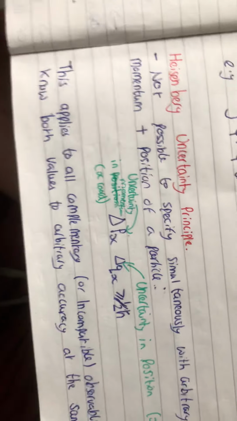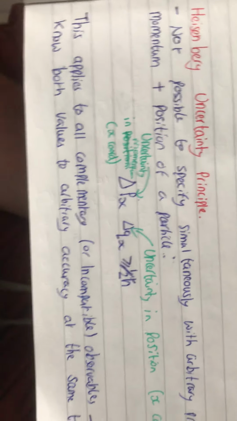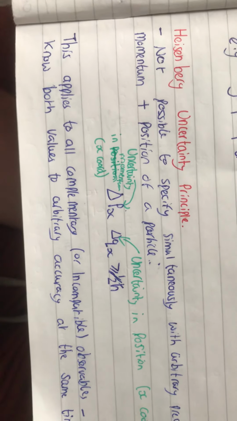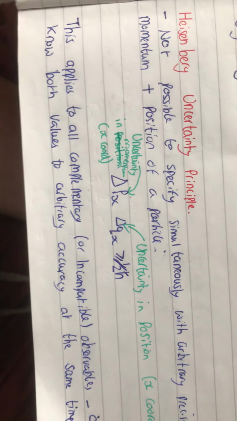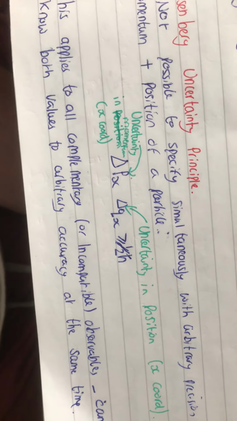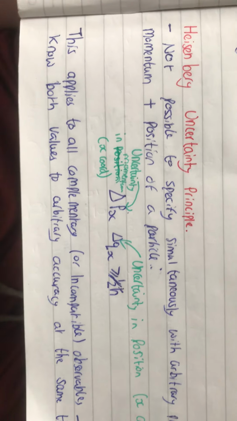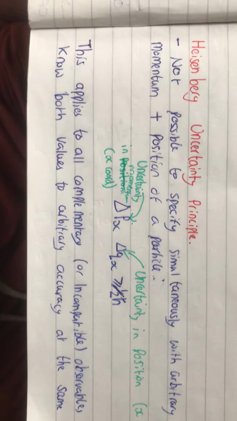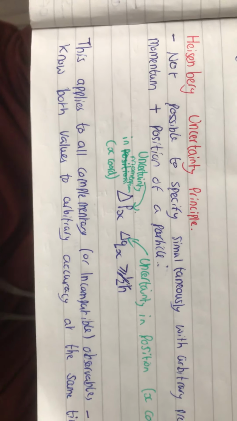So the final few things, we've got the Heisenberg uncertainty principle to look at, and then I think we've got the Born-Oppenheimer approximation as well. The Heisenberg uncertainty principle says that it is not possible to specify simultaneously with arbitrary precision both momentum and position of a particle, meaning we can't know the position of the particle and know its momentum, but we can know one or the other independently, essentially.